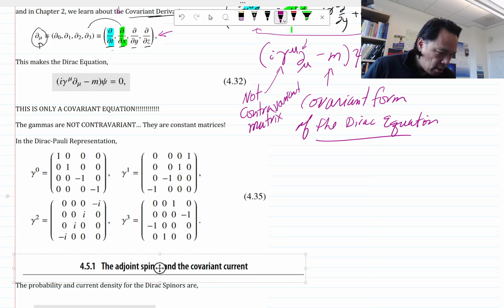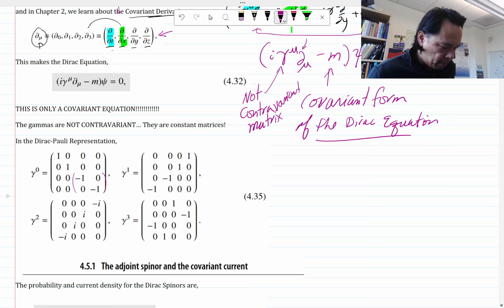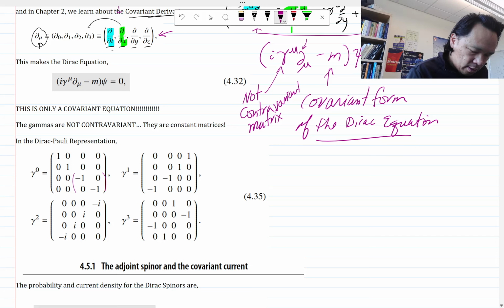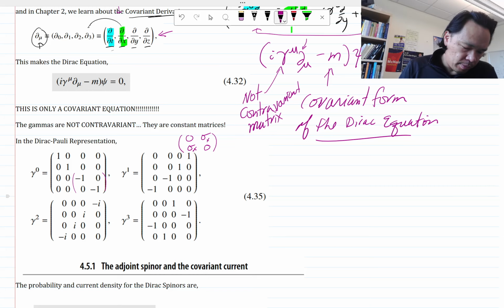So gamma 0 is just the identity matrix with the latter two pieces with a negative sign. Gamma 1 is basically going to be a bunch of sigma x's. That's probably why they write it this way, because I don't remember this, but I always remember that it's just the off-diagonal sigma Pauli matrices. Sure, there's a negative sign here also.